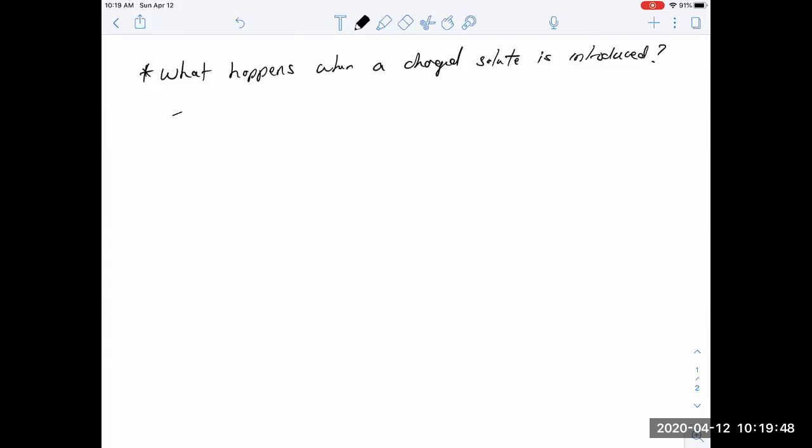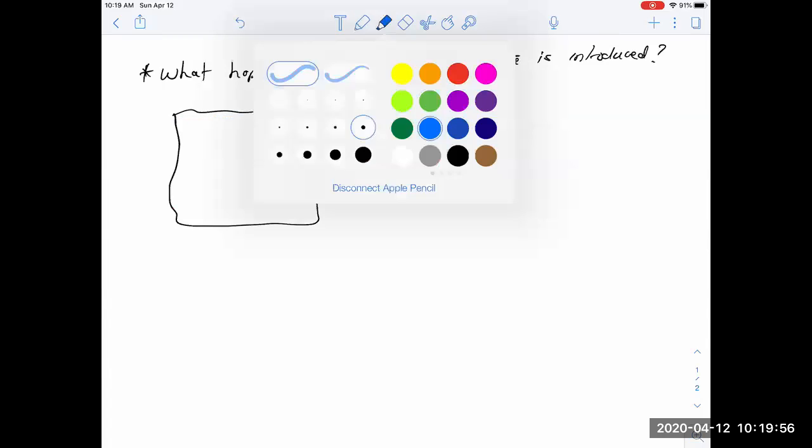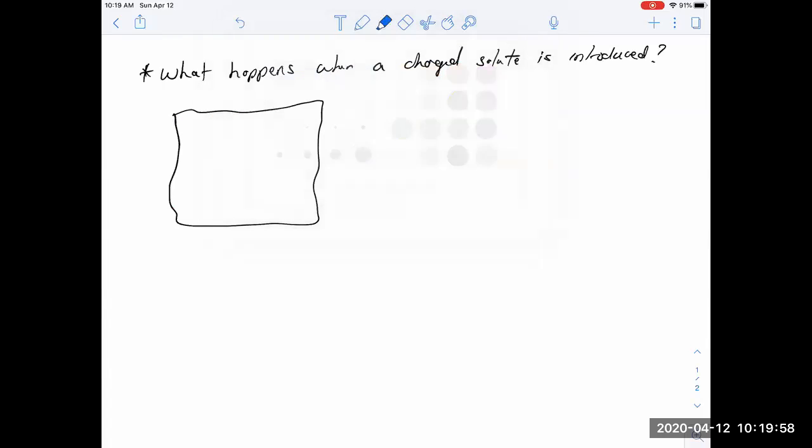So we know, if we were thinking microscopically, if we took our liquid and we placed an ion, say an anion, in that liquid, that water molecules would arrange themselves in very particular ways.